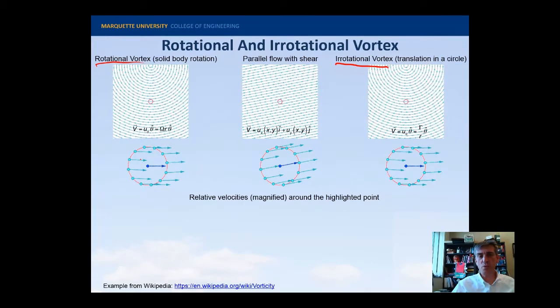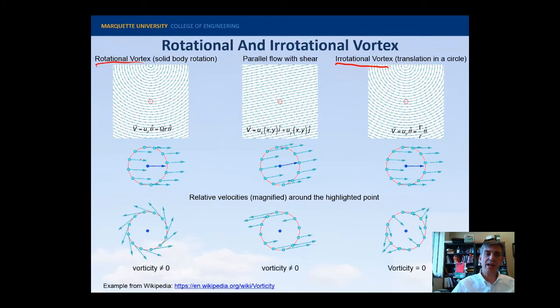However, if we think of this point as a solid particle, and we took the flow field away, how would this particle then move through space? The particle from the rotational vortex would rotate, right?